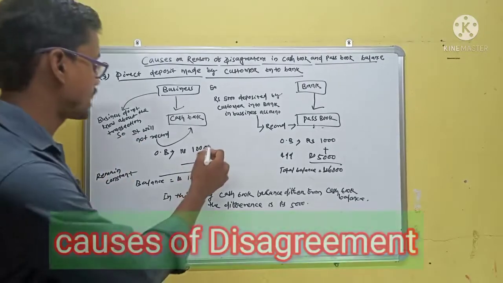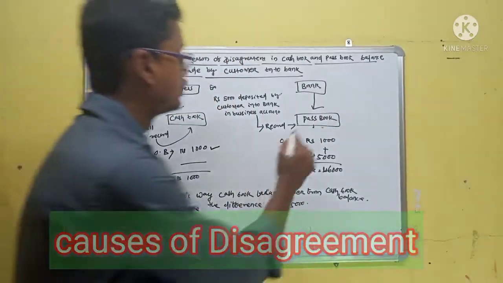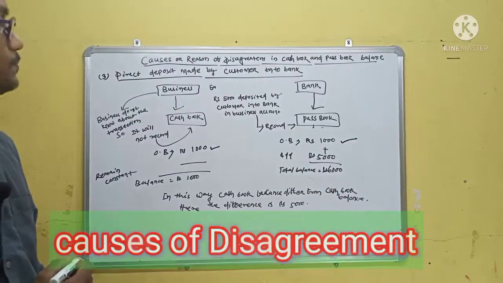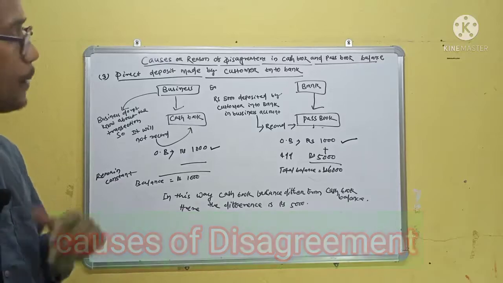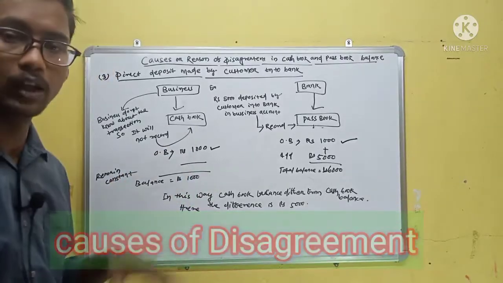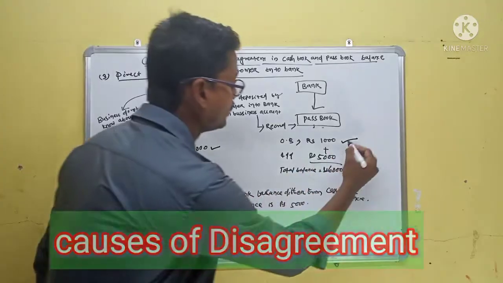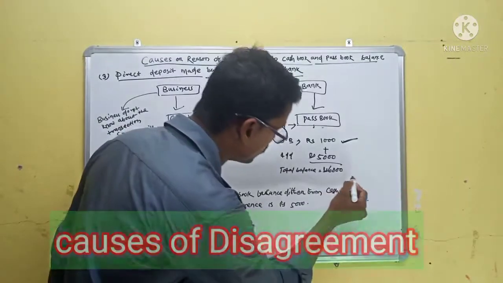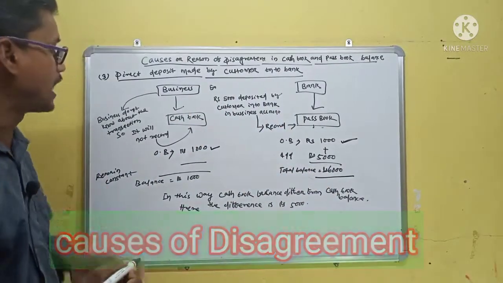Suppose the opening balance of the cash book is rupees 1000 and the opening balance of the passbook is rupees 1000. Here, when the amount is deposited in the bank, it is recorded in the passbook. In case of a deposit, the amount is added to the opening balance, so the total balance of the passbook is rupees 6000, but it will not be recorded in the cash book.